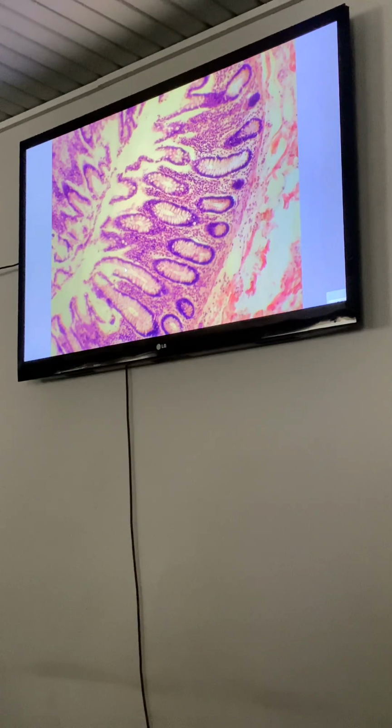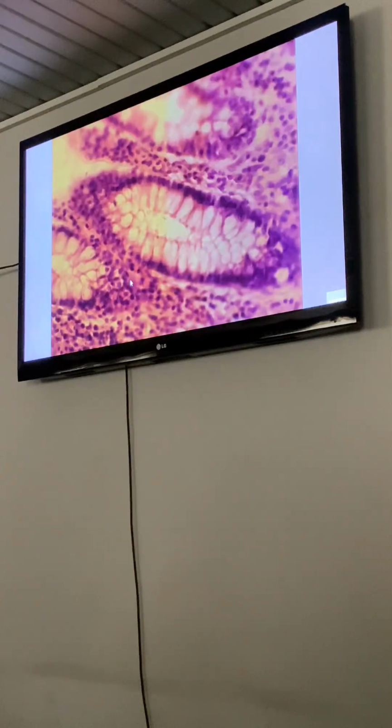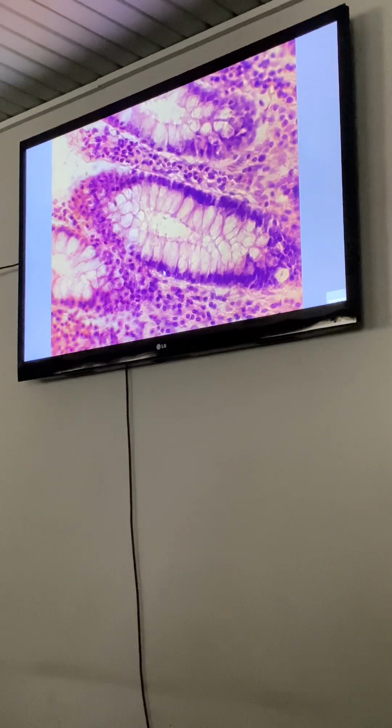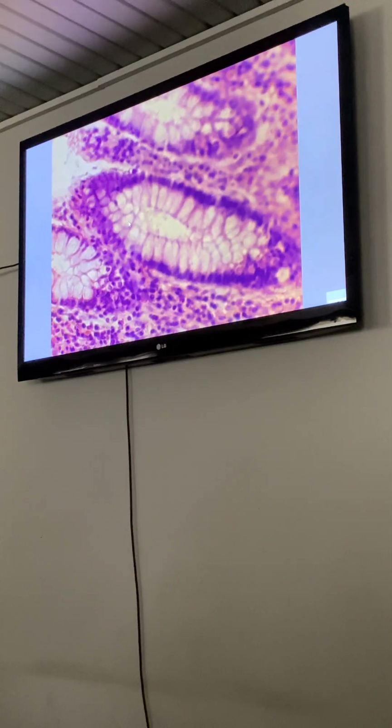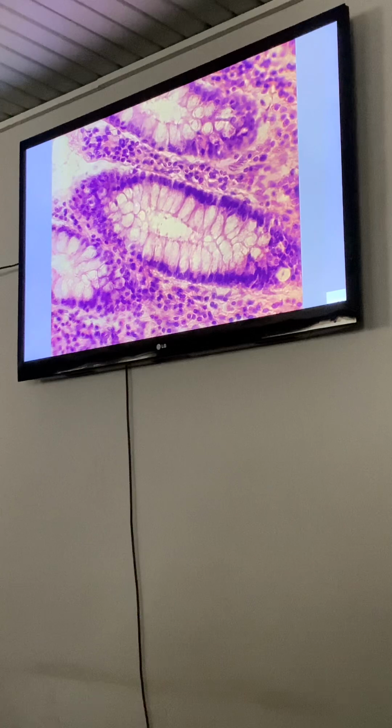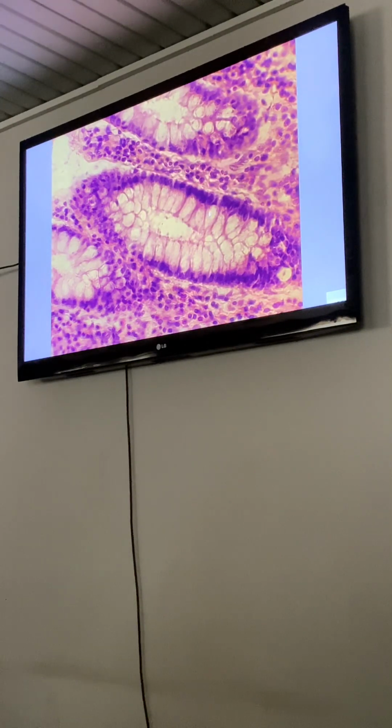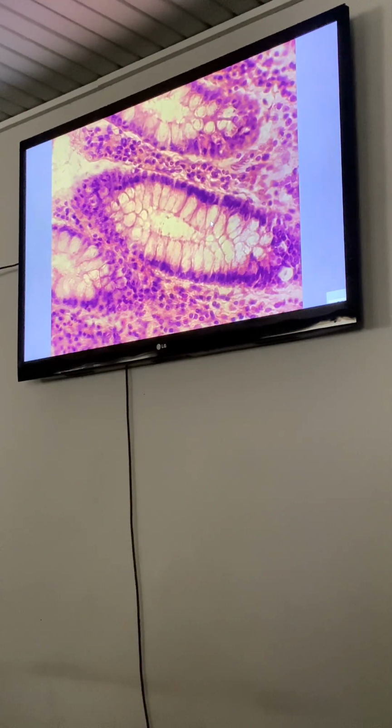Within the lining epithelium of the glands, we can see great abundance of goblet cells. At higher magnification, we can see great abundance of goblet cells. Each cell has oval shape filled with hydrophilic mucin. Goblet cell.